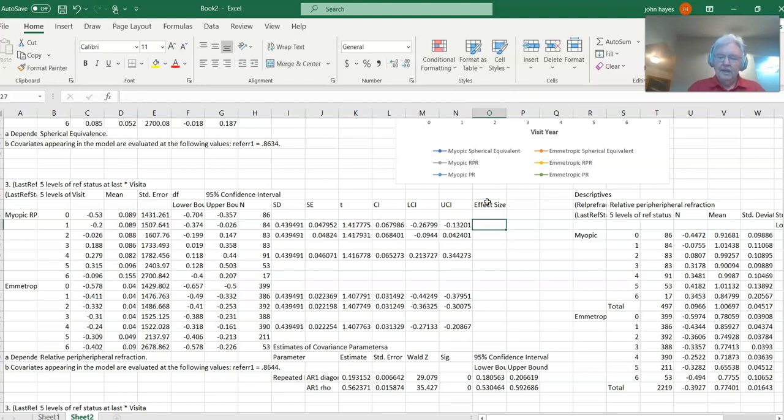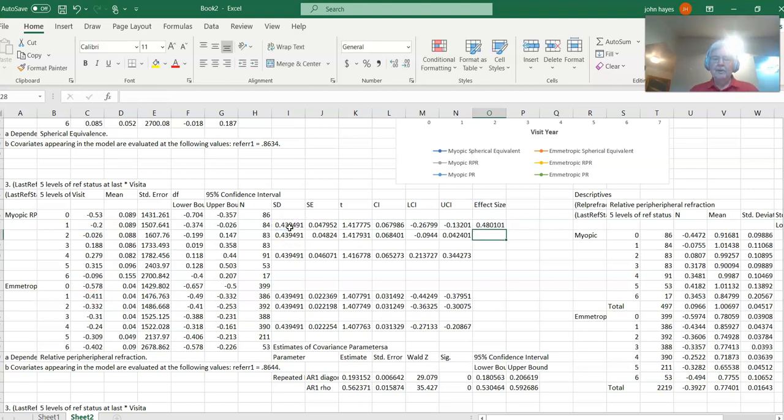And so we have equals, parenthesis. Let's do the emmetrope as, no, the myope as the test minus the emmetrope divided by the pooled standard deviation. It's right there.